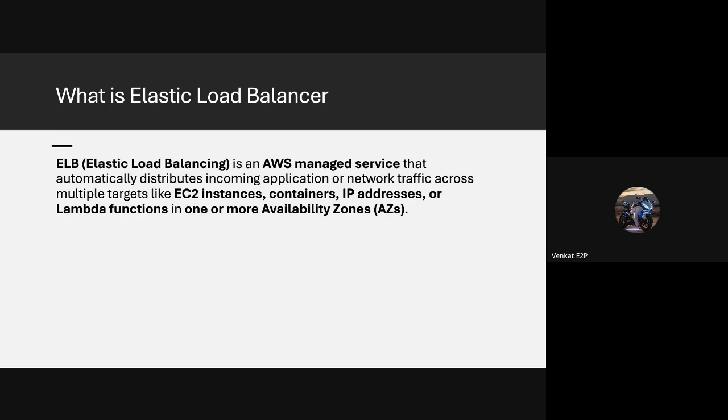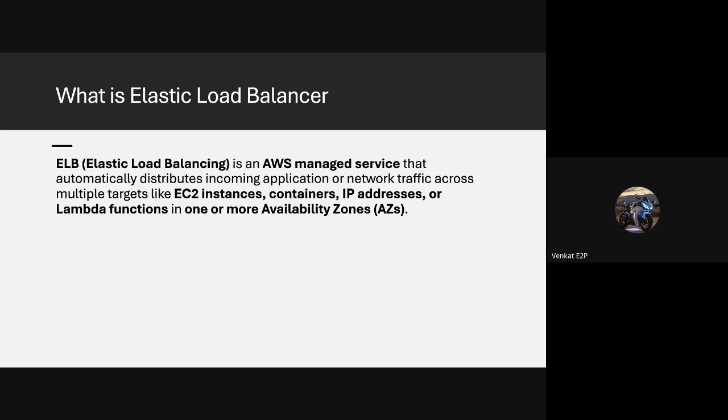For example, if users directly connect to an instance, it might crash and the application will be unavailable, right? So for that we'll use this. The ELB distributes requests to multiple healthy instances in different availability zones. If one instance fails, the traffic will automatically be rerouted to another availability zone or another instance.